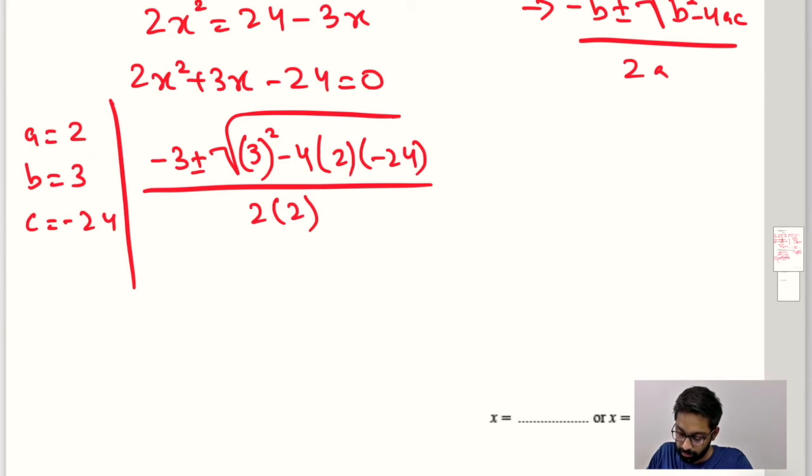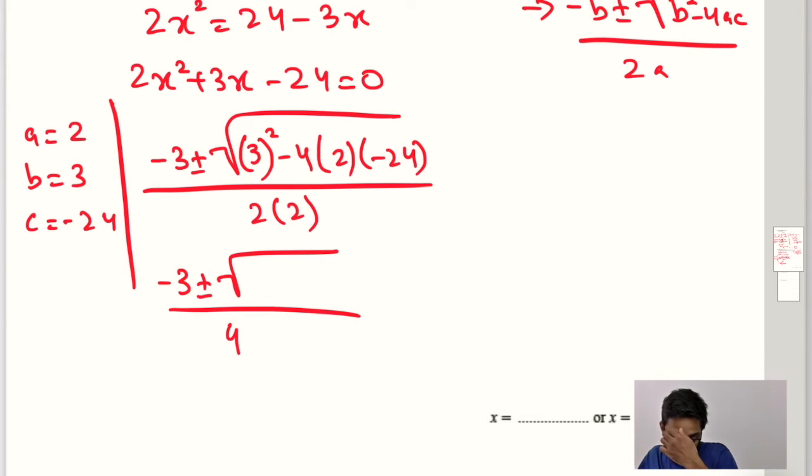So I write this. Then I solve the square root sign first. So I have negative 3 plus minus the root over 4. And I'm going to write the value here so that it's easier. 9 minus 4 times 2 times negative 24.